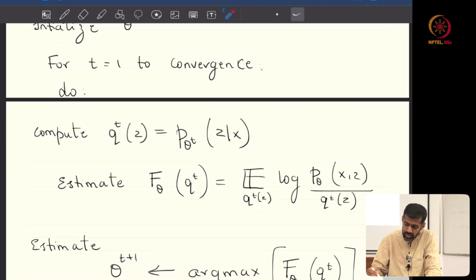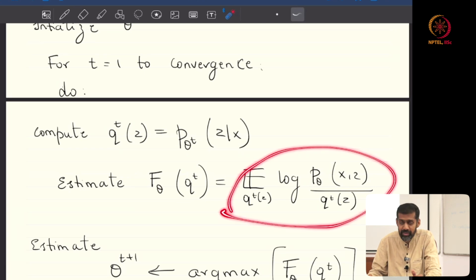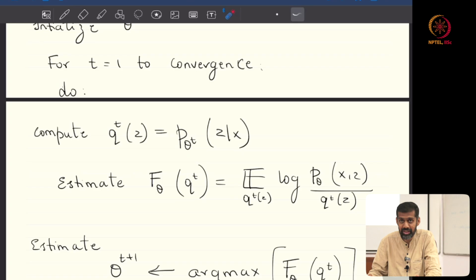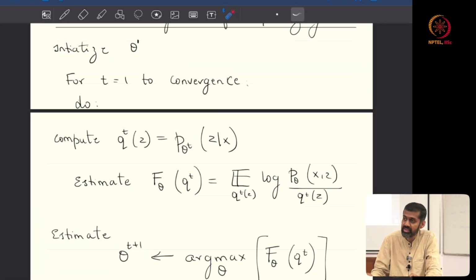What is the index? This is theta t only. When I say q t, it already has theta t in it. The posterior that you compute is with respect to theta t, right? So this entire thing will be using theta t, but will be a function of theta, right?